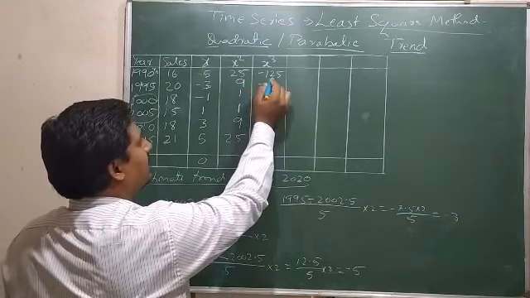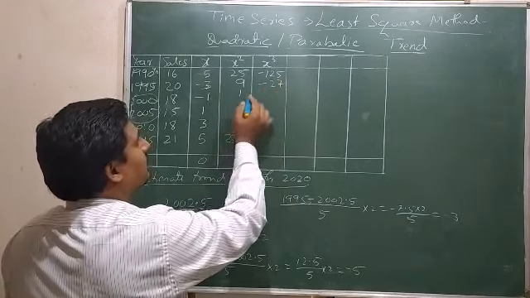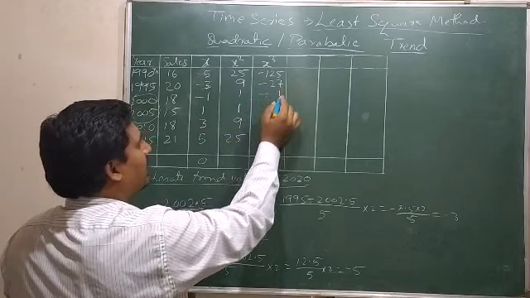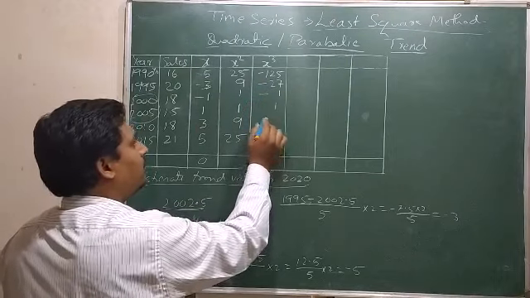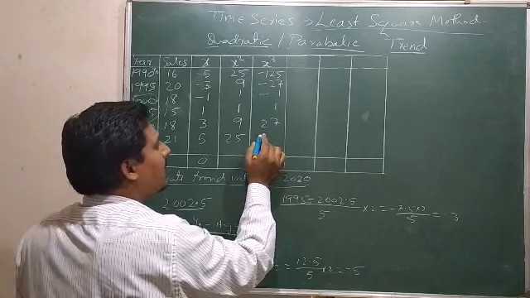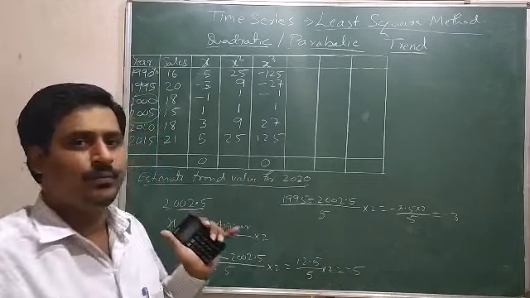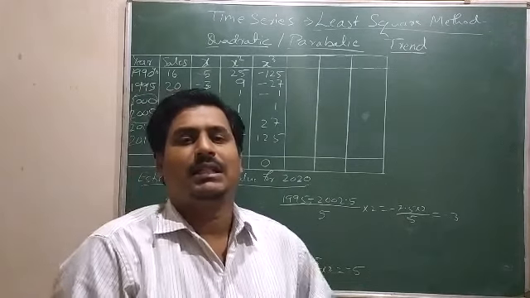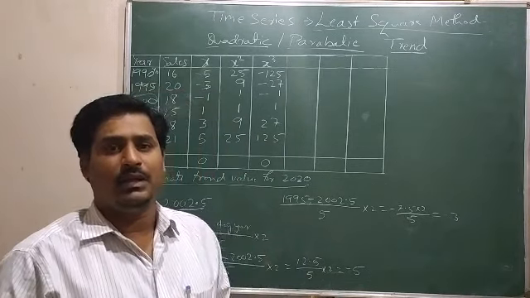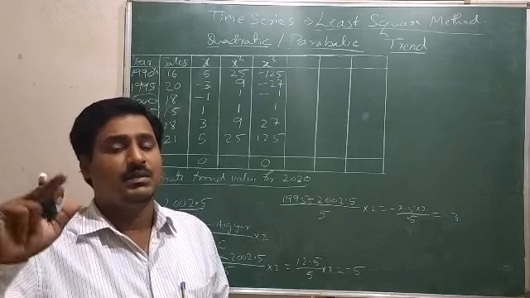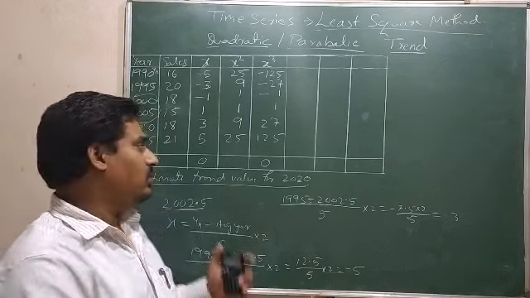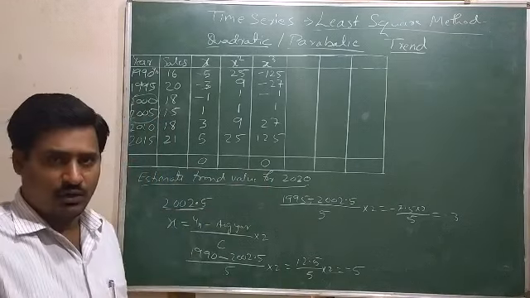Next, minus 27, minus 1, plus 1, plus 27, plus 125, and the total of this column is 0. As we discussed for the conditions of a parabolic trend, summation x is 0 and summation x cube is 0. Both columns we got 0 here.